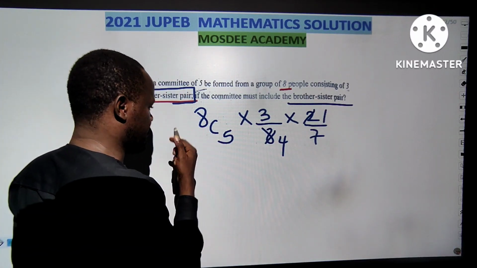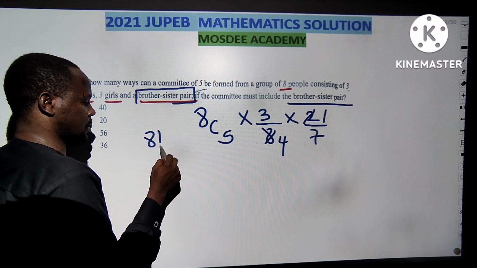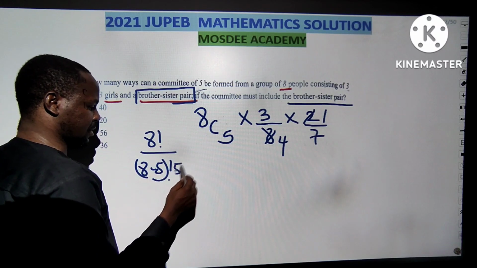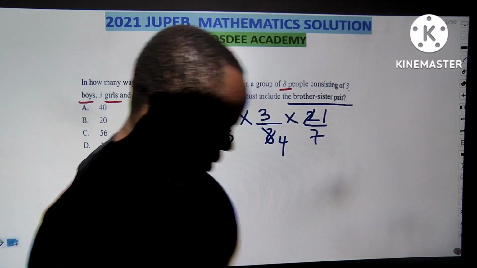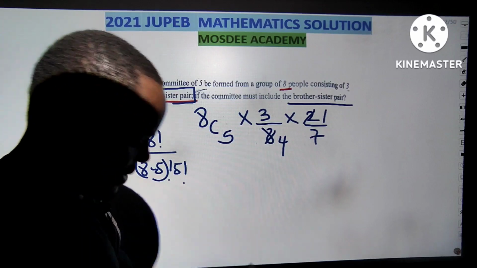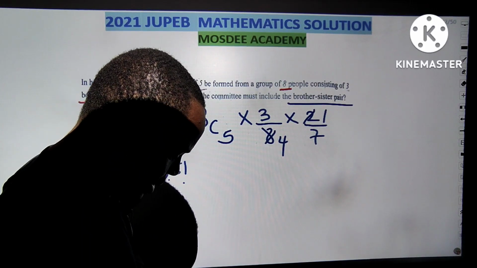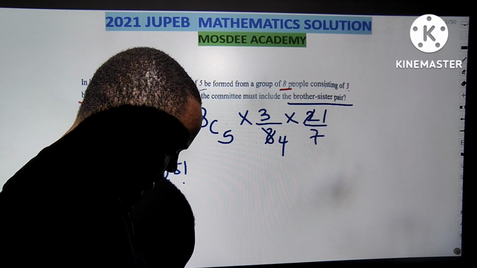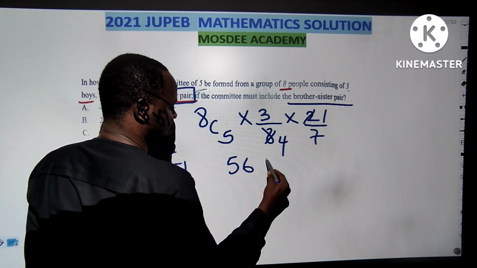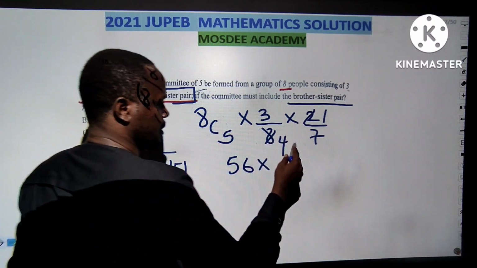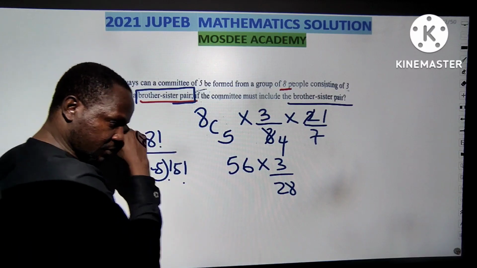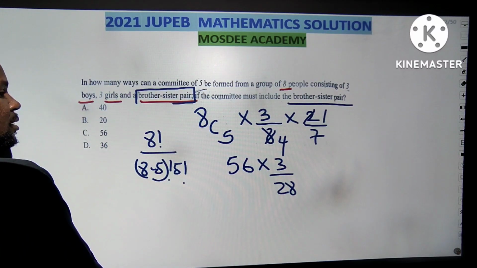So let's do 8 combination 5. 8 combination 5 is 8 factorial over 8 minus 5 factorial times 5 factorial. No time, let me just use the calculator to get 8 combination 5. I think this is 56. So 8 combination 5 is 56 times 3 over 28. I think 28 can go into 56 two times, if I'm not mistaken.